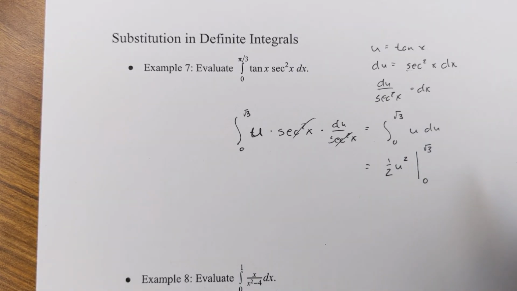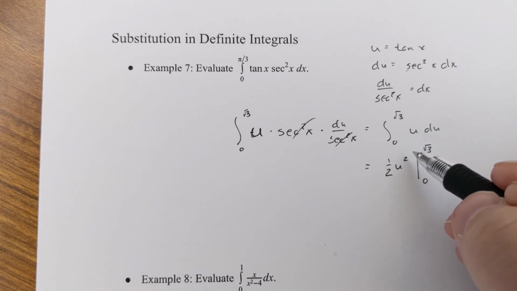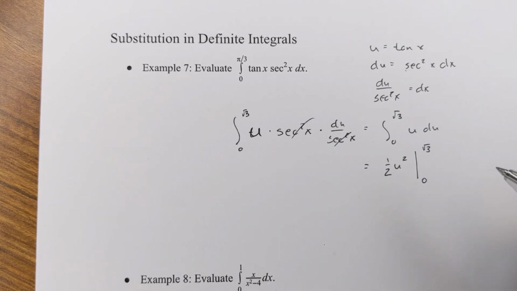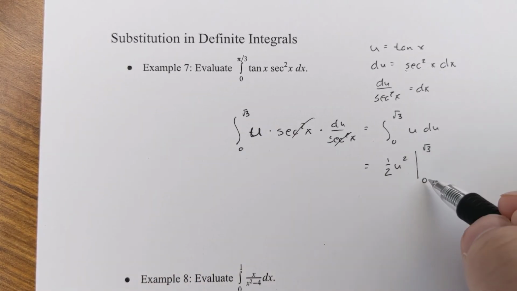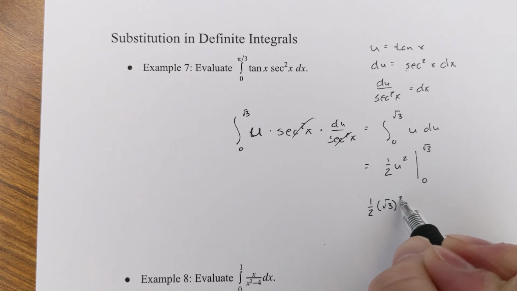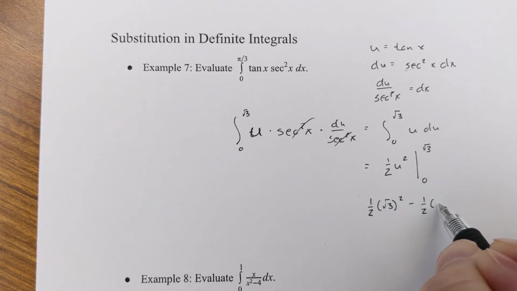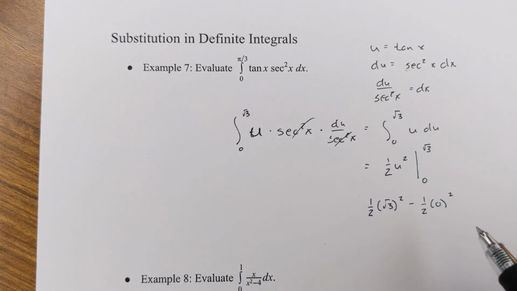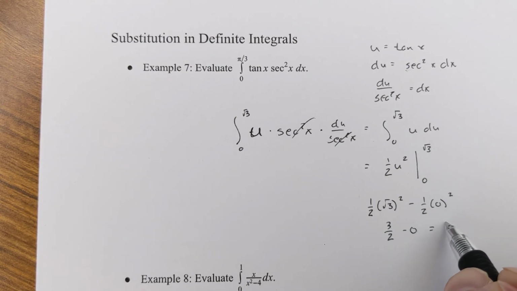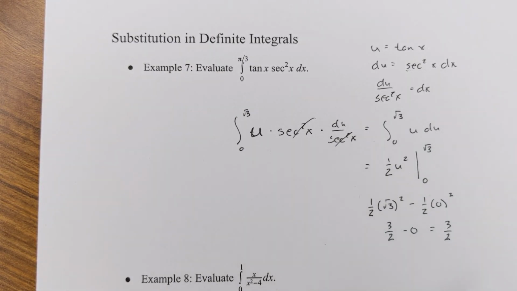Notice there's no plus c because I have a definite integral. I can actually do the calculations in this case. So it's f of b minus f of a, so it's 1/2 root 3 squared minus 1/2 0 squared. So this is root 3 squared over 2 minus 0, so the whole answer is just 3 halves.